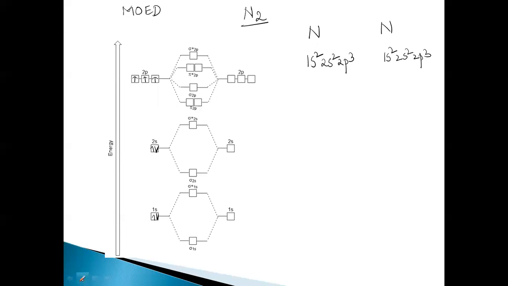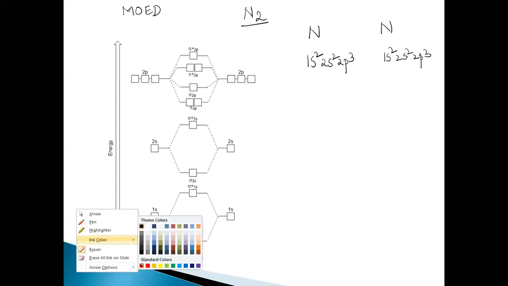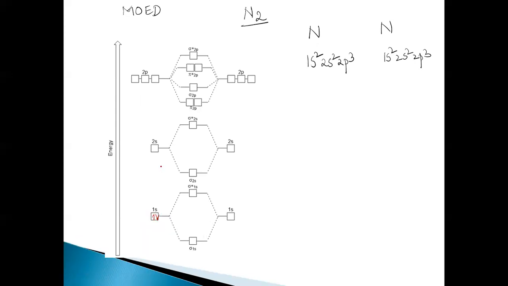So let me take a different color, that will be better. This one will have 2 electrons, this has 2 electrons, and this one is half filled, degenerate orbitals. For the next nitrogen also, this is one nitrogen and this is another nitrogen, the same filling of these atomic orbitals.